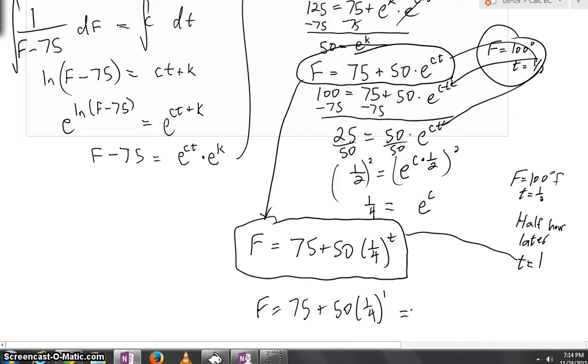And if you work that out, 50 divided by 4 is actually going to be 12.5. And if you just add 75 plus 12.5, you'd get 87.5 degrees Fahrenheit at T equals 1 hour.